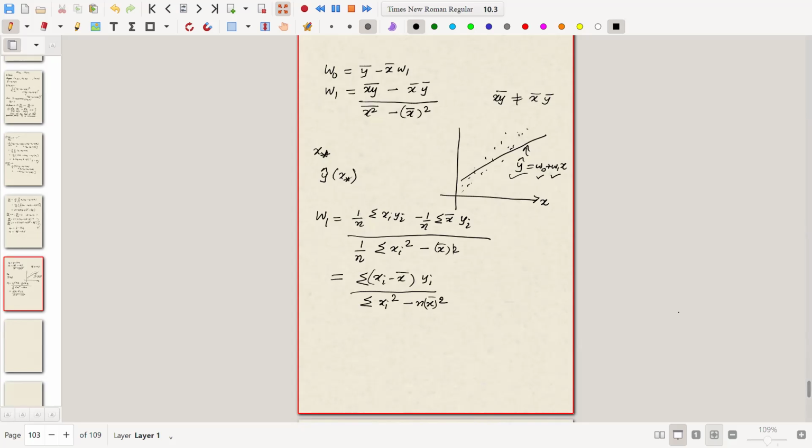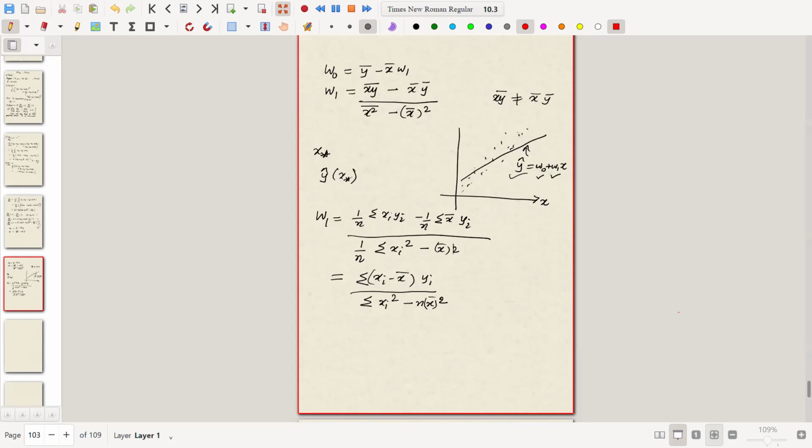Is it correct? Okay. Can you visualize what is happening? I will explain again. You see, 1 by n is here.